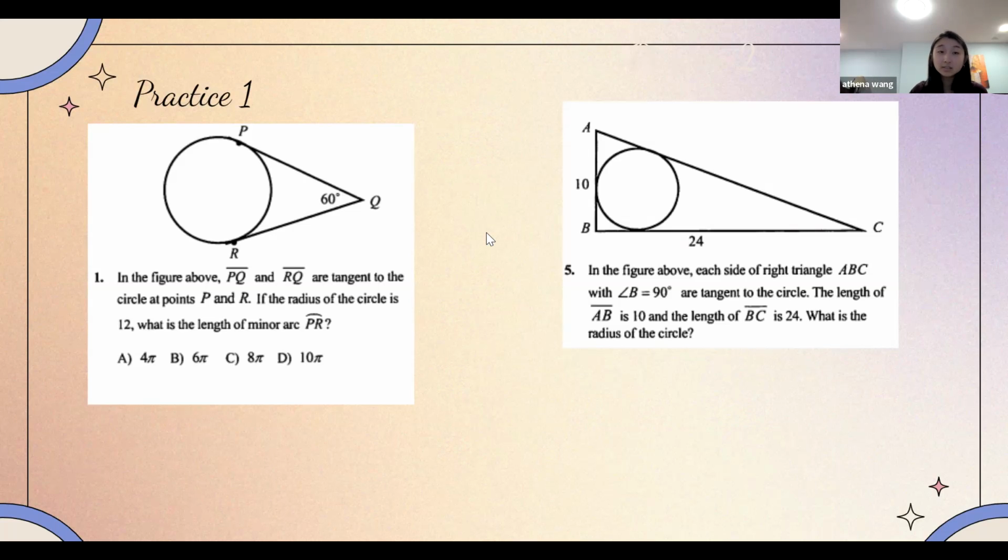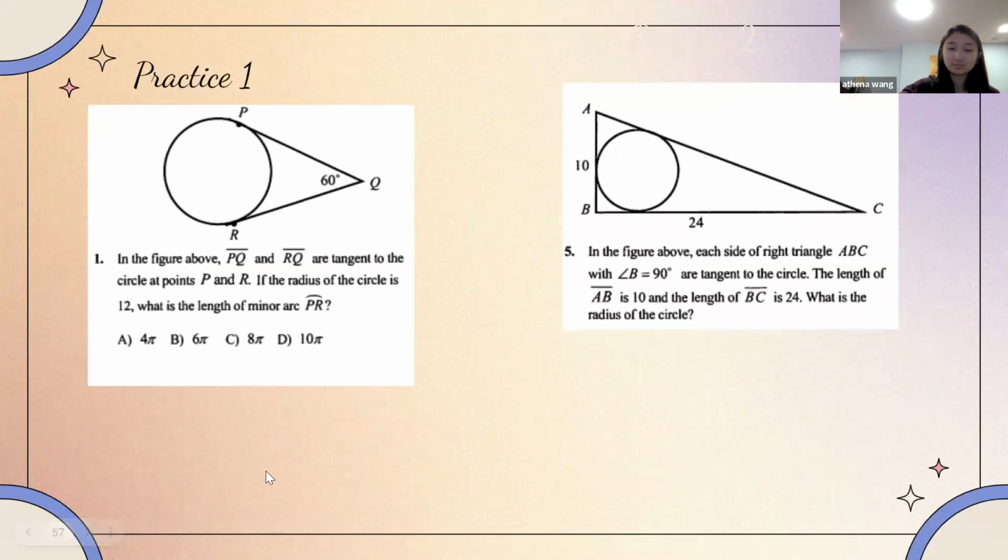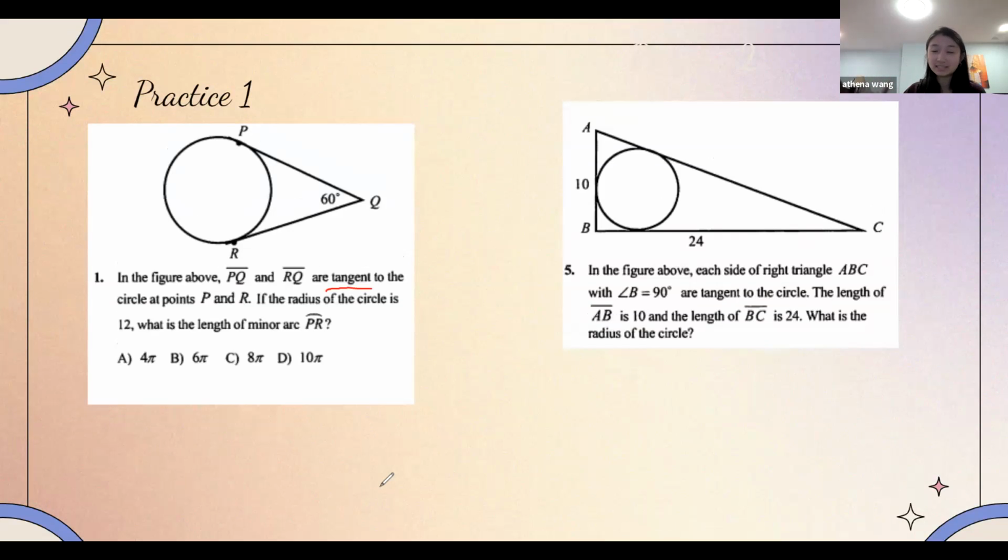Okay, so the trick to this is, if you see the word tangent, mark in the tangents. So that's also a hint for this problem. It says that these two lines are tangent to the circle.